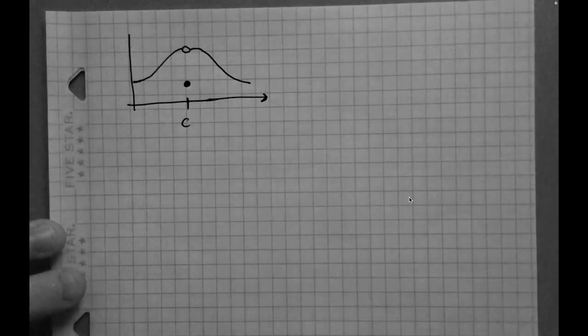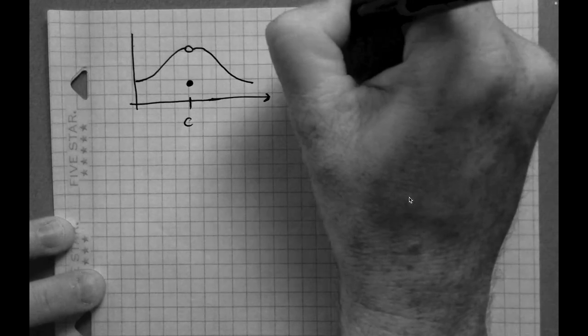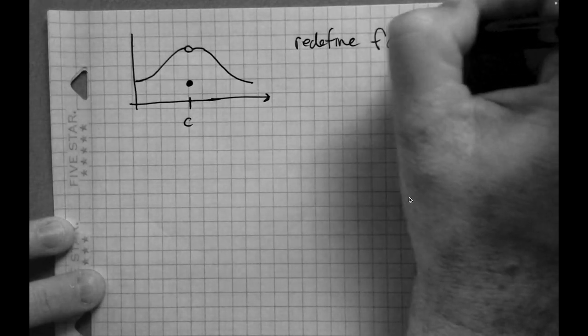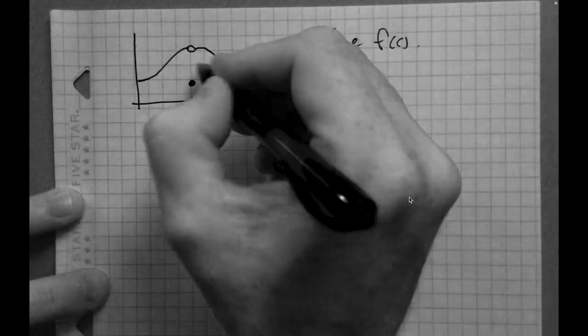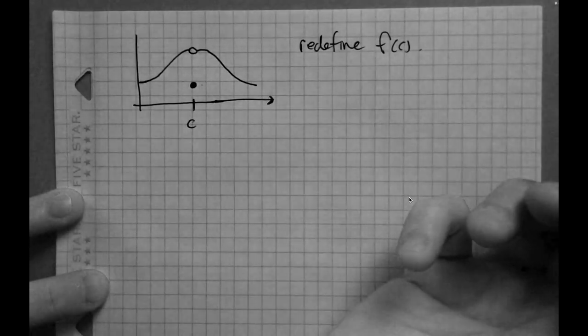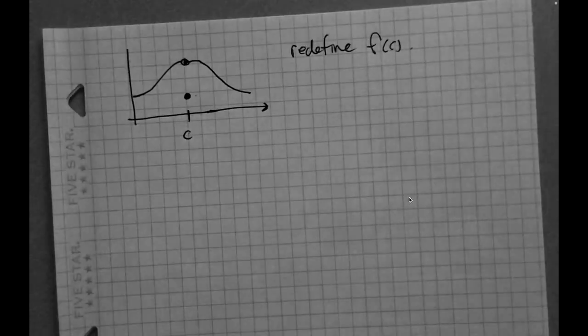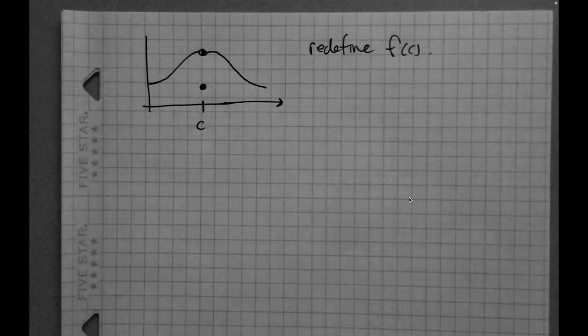What I would have to do is redefine f of c such that the hole gets kind of plugged. Okay. So these are kind of the easy discontinuities. They're the discontinuities where you basically have a single point out of place, or a single point that doesn't exist.